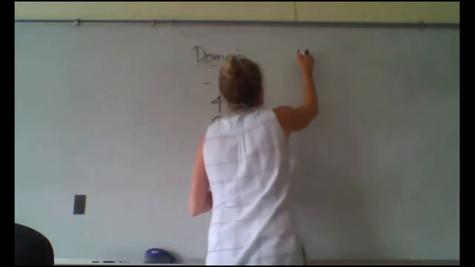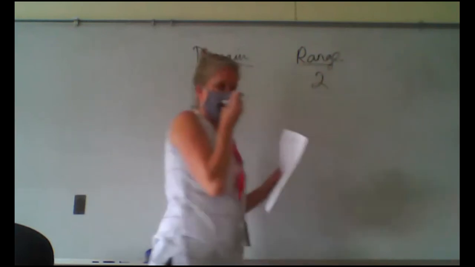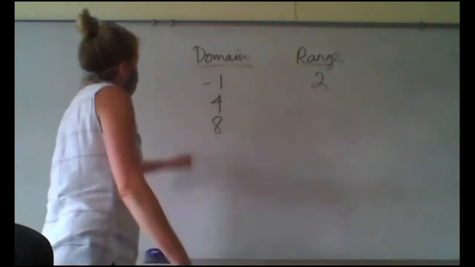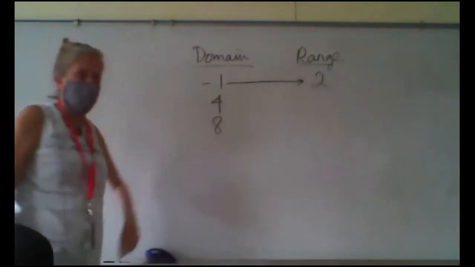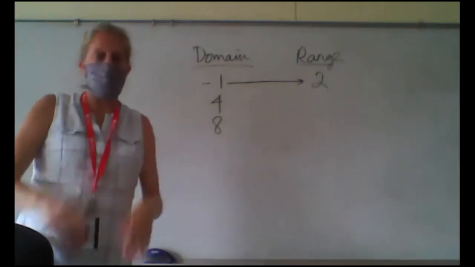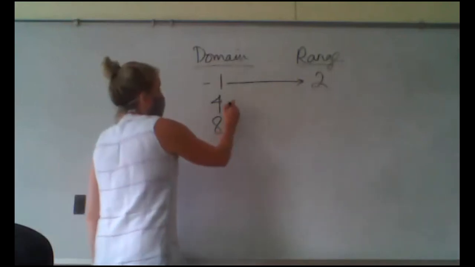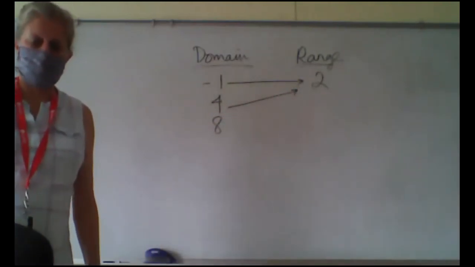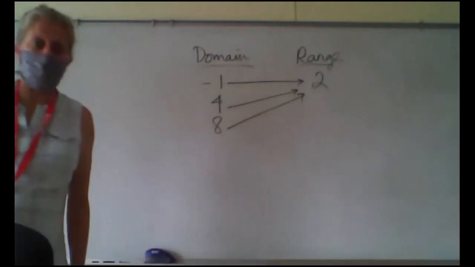The range number is 2. So when I'm looking at the arrows, the -1 went to the 2. -1 only went to one number though, so it's still classified as a function. The 4 only goes to 2. The 8, again, only goes to 2.